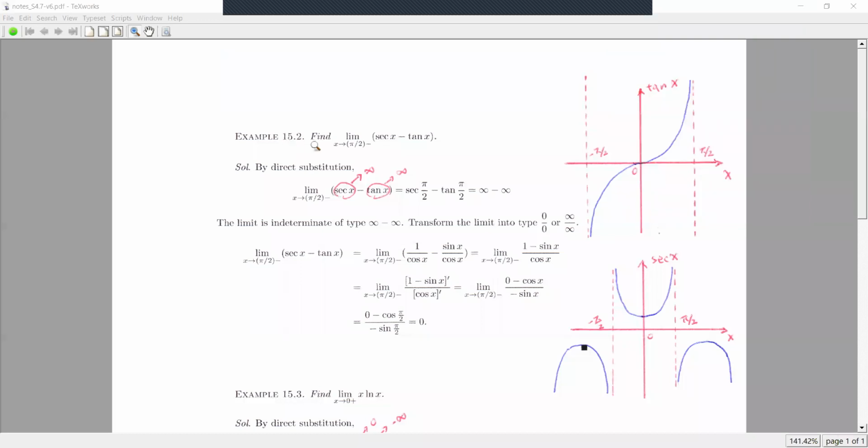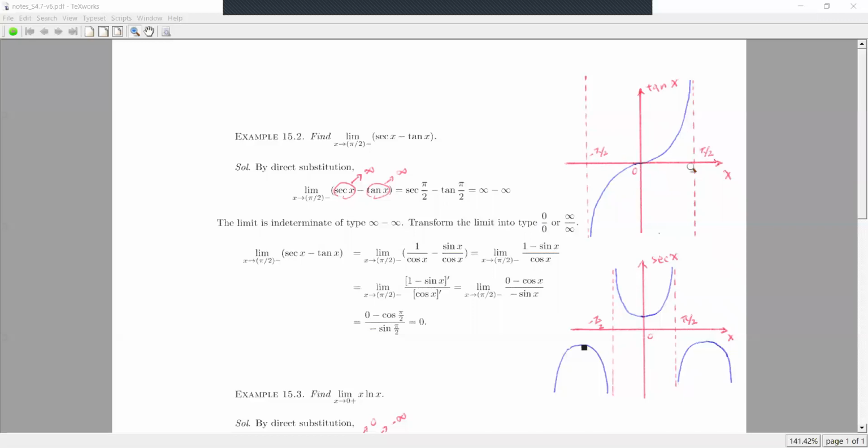Example 2. Find this limit where x approaches pi over 2 from the left side. By direct substitution, plug in pi over 2 in x, then the limit is this number. Now, what is secant of pi over 2 and what is tangent of pi over 2?